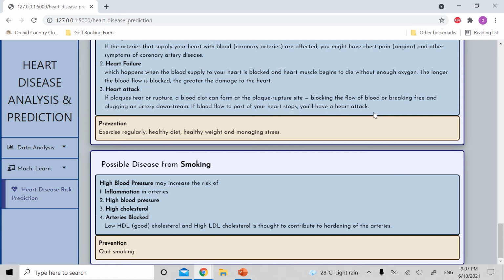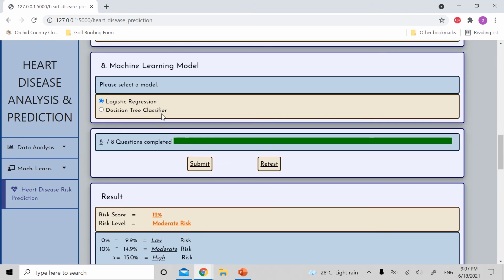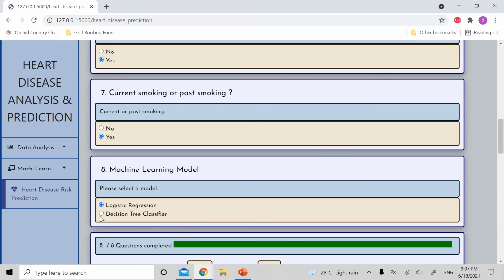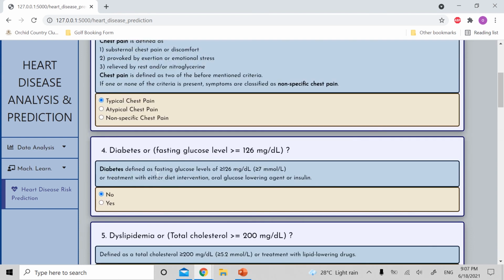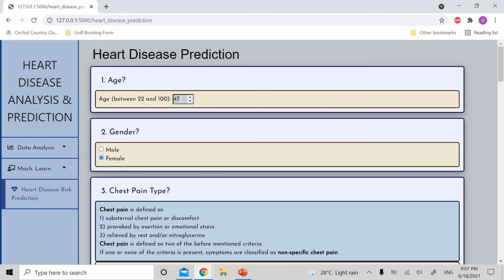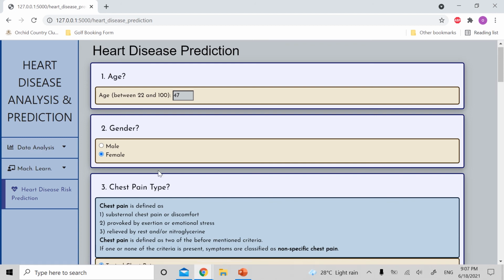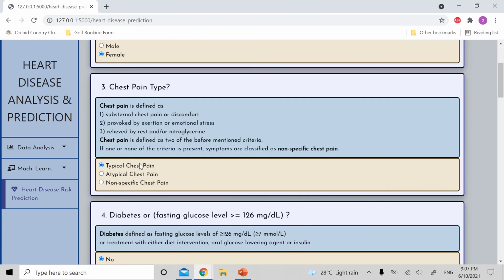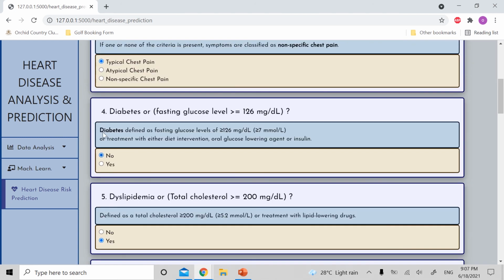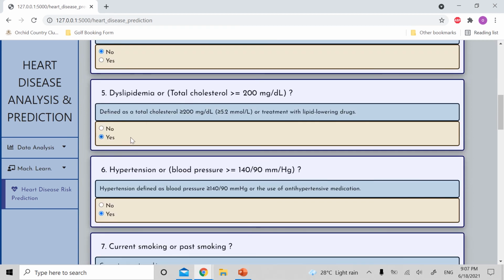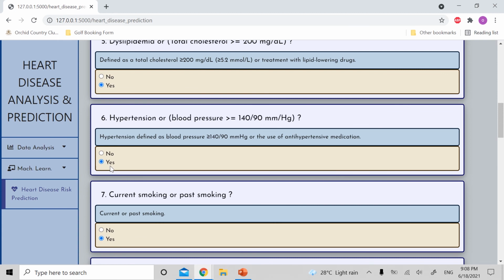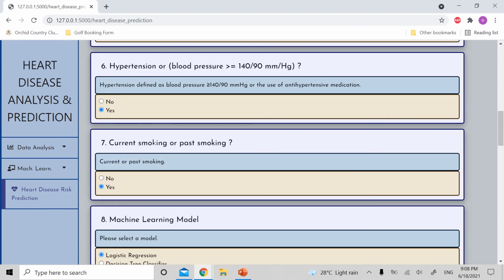Now we are trying the second machine learning model, which is the DTC. The same thing: the user is 47, gender female, chest pain is typical, diabetes is no, cholesterol is yes, blood pressure also yes, and past or current smoking is yes.